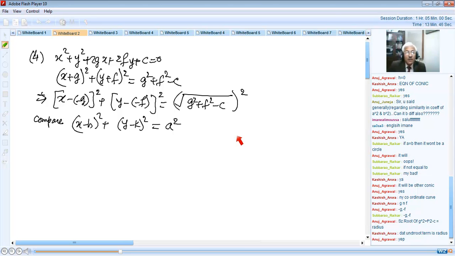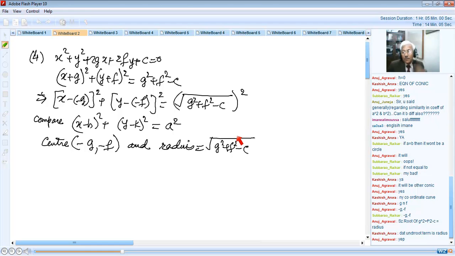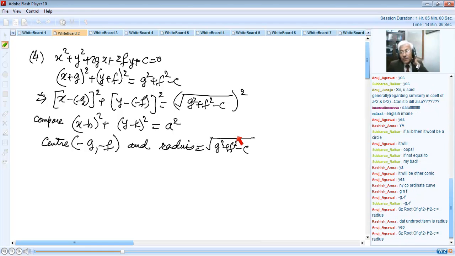That means center is equal to (minus g, minus f), and radius is equal to under root of g square plus f square minus c. Please understand it.